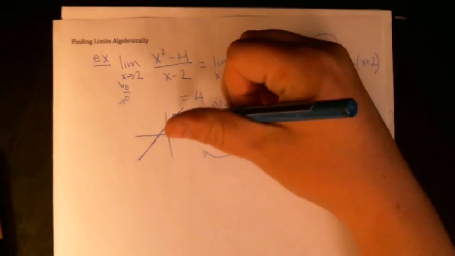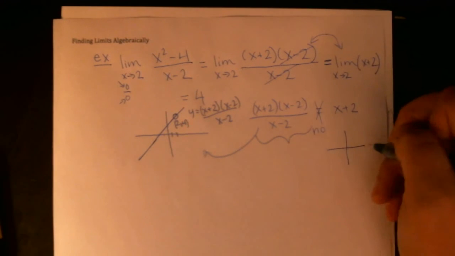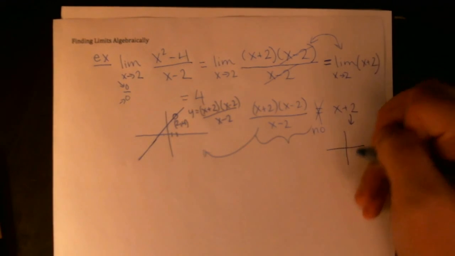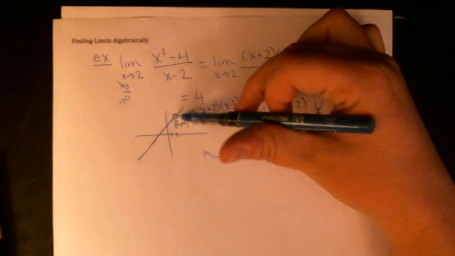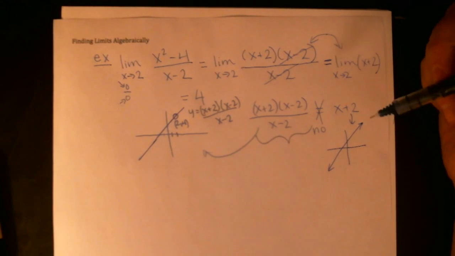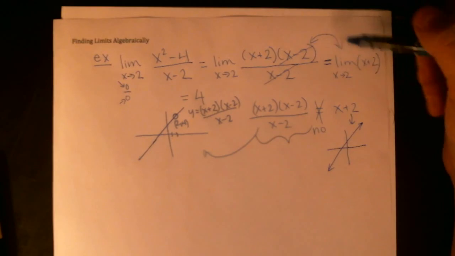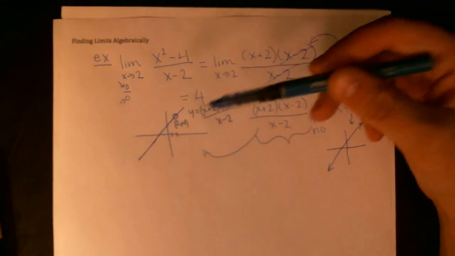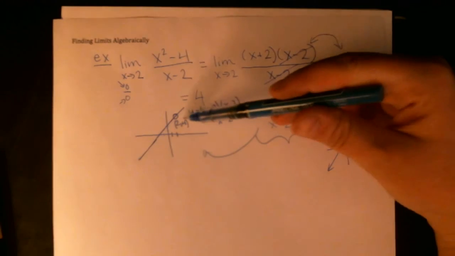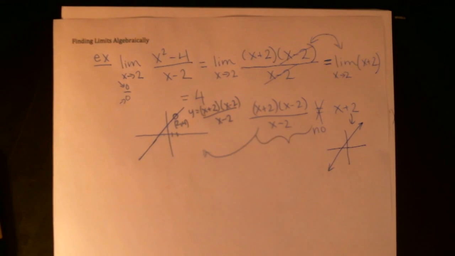So this is the graph of the fraction, whereas the graph of this side over here is just the line without the hole. So the only difference between the two is this hole in the graph at (2, 4). So yes, the limits are going to be the same because that doesn't change what your y values are getting close to, but they aren't actually exactly the same function. One has a domain restriction.